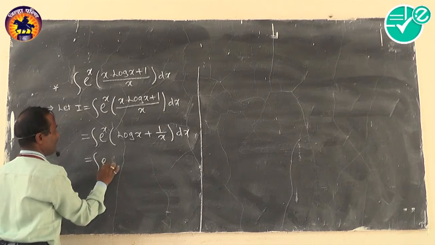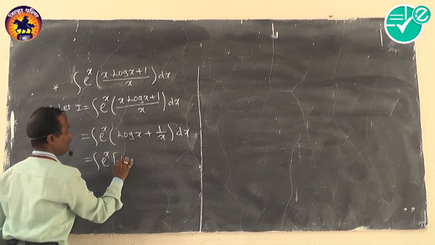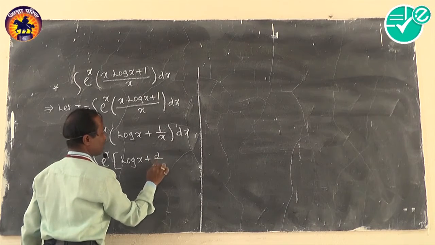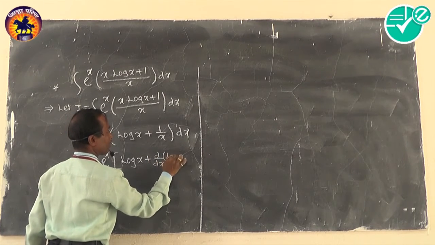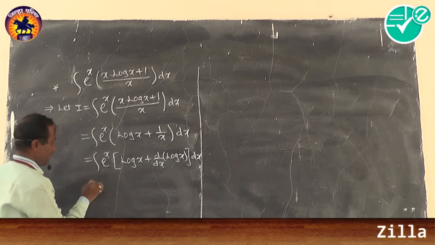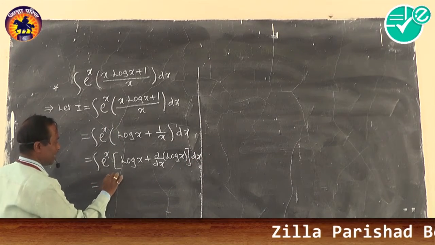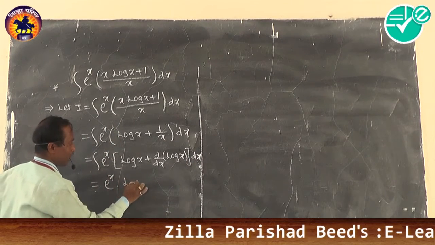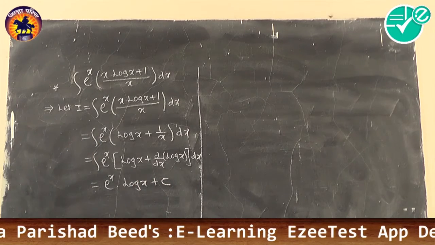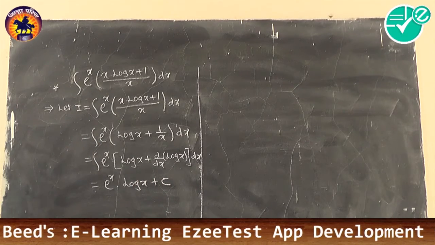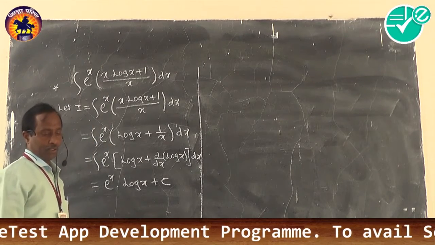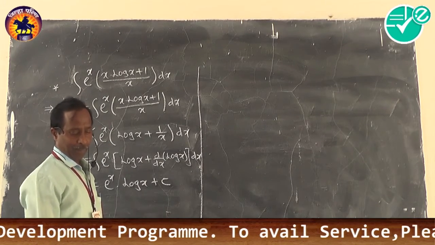We get e to the power x into (log x plus d by dx of log x) dx. We get e to the power x into log x plus c. This is the required solution of this example. Now we are going to take the next type of example.